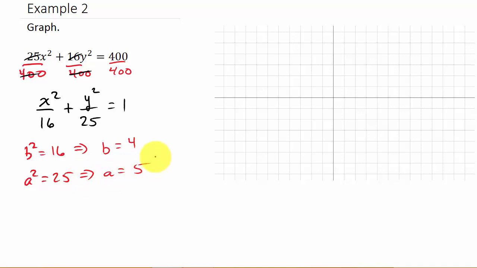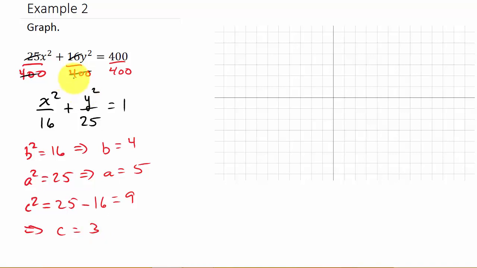And we can go ahead and find c. Well, we know c squared is equal to a squared, which is 25, minus b squared, which is 16, which equals 9. So that means that c is equal to 3. All right, so we've got everything we need. So let's take a look at the graph.